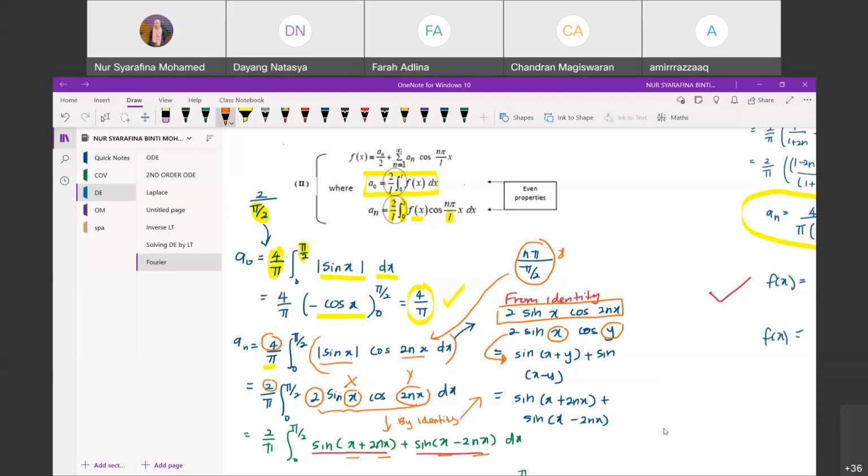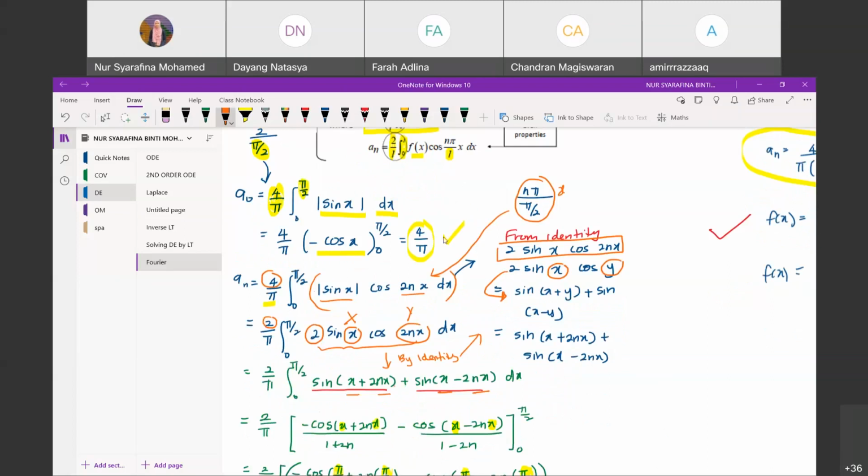So why do we have to factorize or simplify by using identity? To ease the process of integration, right? Of course, you can use substitution and so on if you have another option. What I'm showing here is just to ease the process of integration, so we need to simplify the expression by using identity. Now from this, it's going to be easy for you to integrate.